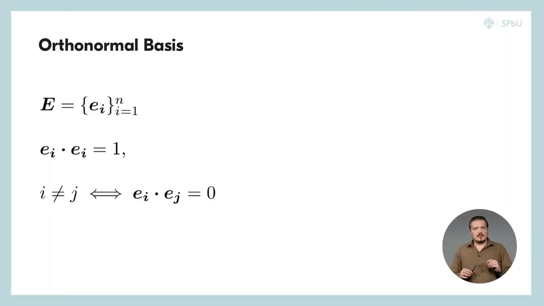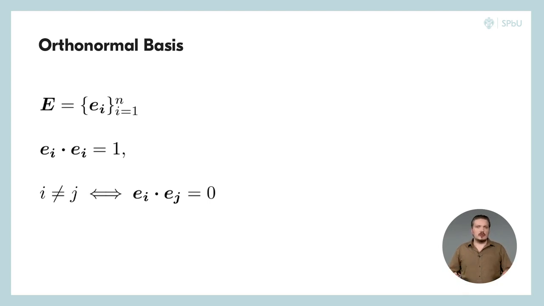Now at last, we can justify our previous talks about the orthonormal basis. The orthonormal basis consists of vectors which are all mutually orthogonal and have unit length. And now that we have the notion of an angle and length properly defined, we can check if some basis is orthonormal.